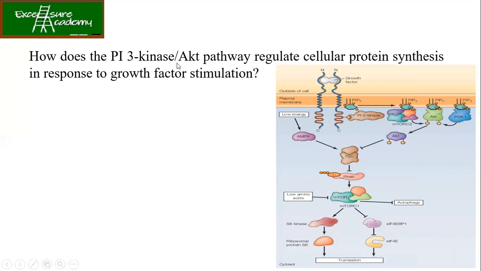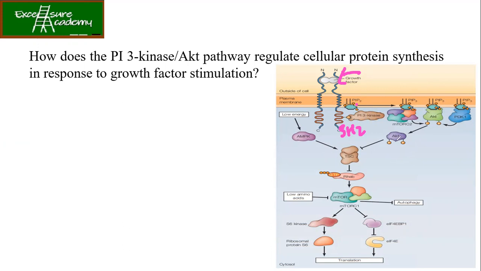In this case, in the PI3 kinase and AKT pathway, here you can see what is happening. The growth factor binds, dimerizes, the tyrosine kinase gets autophosphorylated, and PI3 kinase, which has the SH2 domain, goes and binds over here and adds the phosphate group to PIP2. Then it becomes PIP3. Then all these get activated.